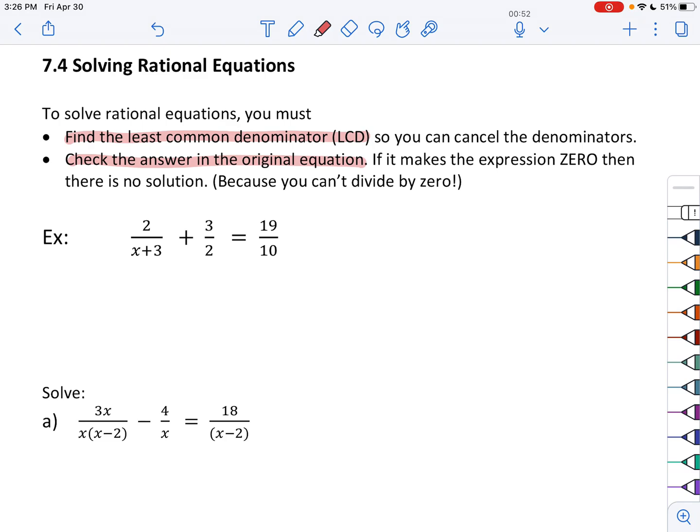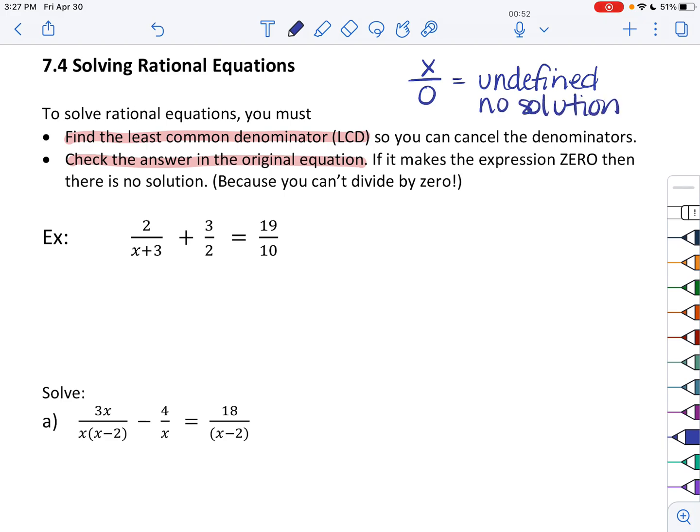The reason is that we can't have an answer that makes the denominator 0, because there's no solution if it's 0. Think about fractions in general: anything over 0 doesn't work because we can't divide by 0, right? And we would call that an undefined answer. Remember when we had slopes and we would say it was undefined or no solution, okay?